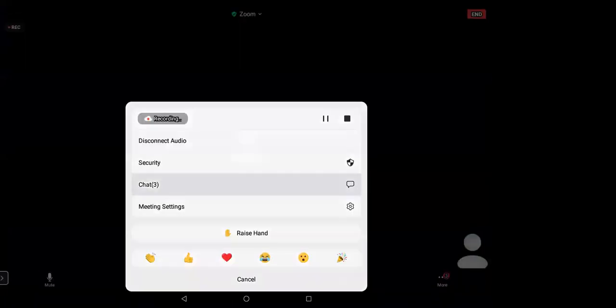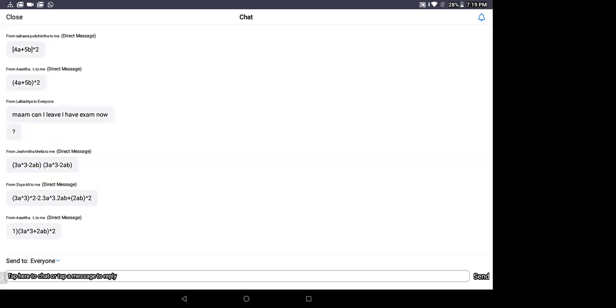I'm seeing. More students sent as well. I'm just checking. Very good. Sahasra, you are correct, and Ashrita, you are also correct.